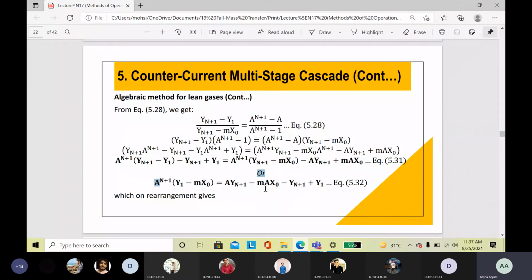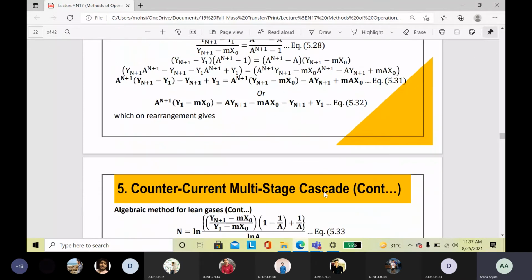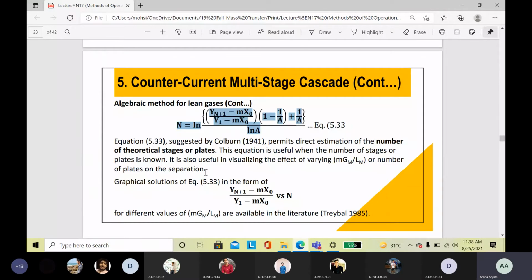Simplifying the equation, we get this equation. I have written the simplification steps here. So we get this equation: (y_{n+1} - mx0)/(y1 - mx0) = [(1 - 1/A) n + 1/A] / ln A. Equation 5.3, suggested by Colburn, permits the direct estimation of the number of theoretical stages or plates. From this equation we can directly find the number of theoretical stages. This equation is useful when the number of stages or plates is known.